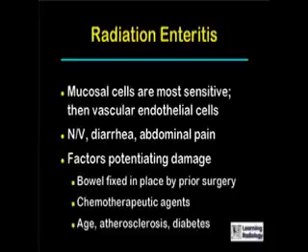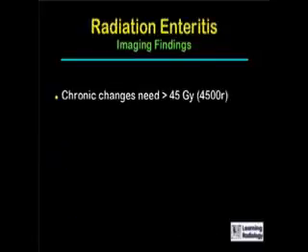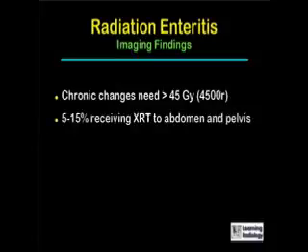The imaging findings in chronic changes, usually 45 gray or greater than 4,500 rads are needed. About 5 to 15% of patients receiving X-ray therapy to the abdomen and pelvis will develop some of the symptoms of radiation enteritis.